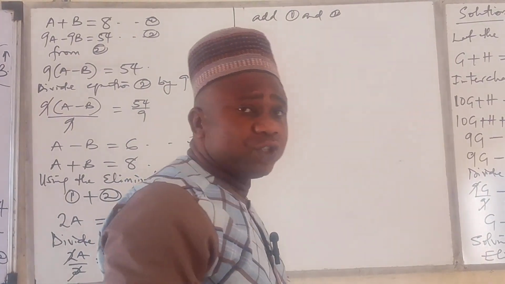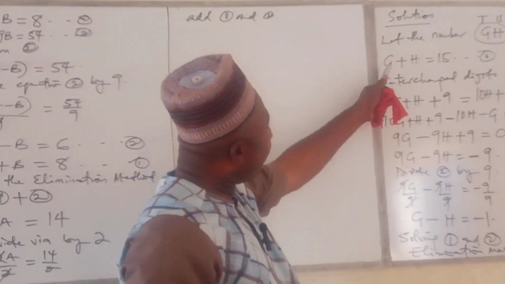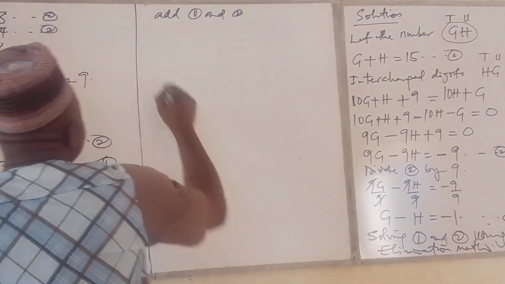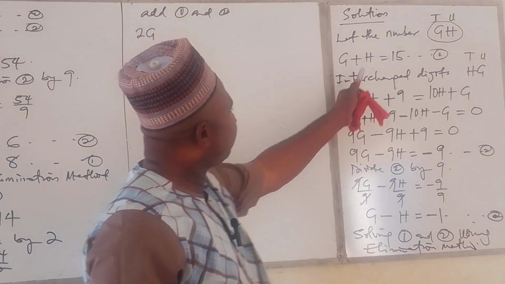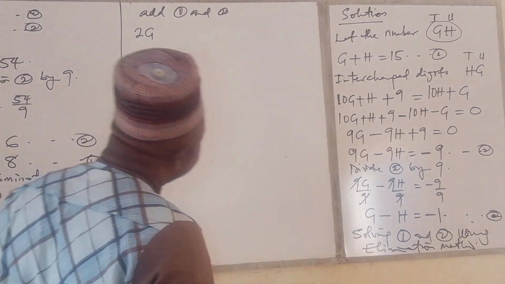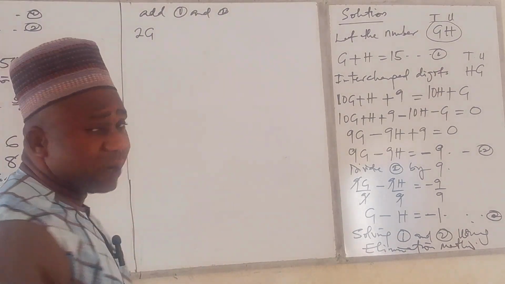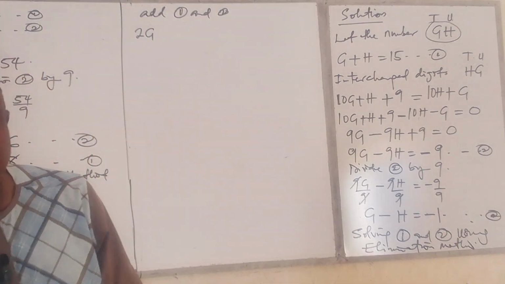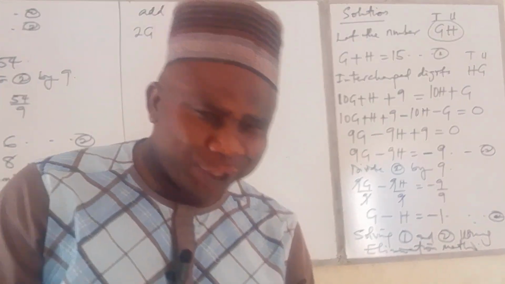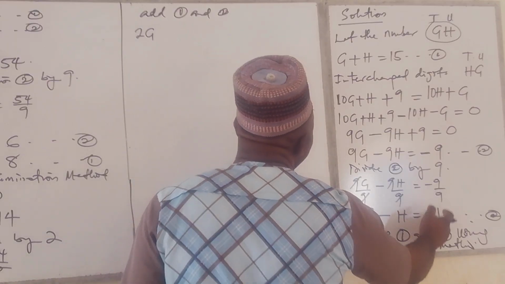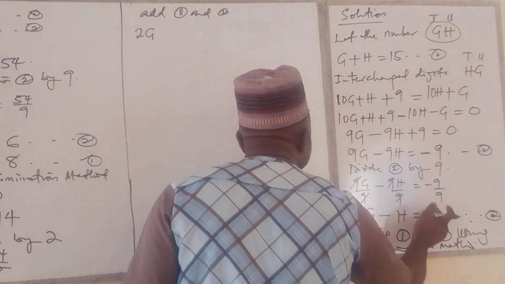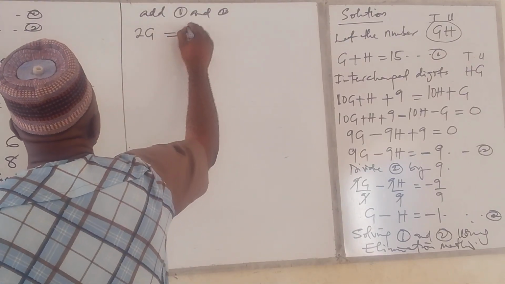If you're adding equation 1 and equation 2, we have G plus G, that will give us 2G. We have H plus minus H, so the H is gone because H plus minus H is equal to 0. It means we have eliminated H. In that case, we are left with 15 plus minus 1, which is equal to 14.